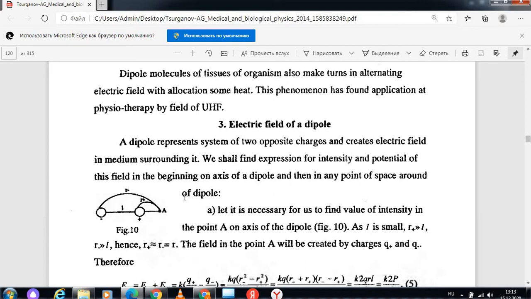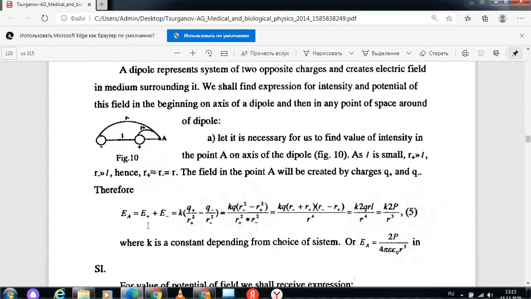So the field at the point A will be created by charges Q plus and Q minus. Therefore, we can write the intensity of the field, the vector EA at the point A on the axis of the dipole.